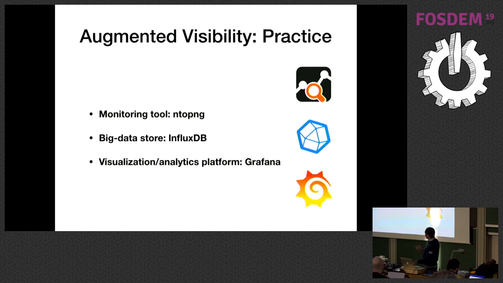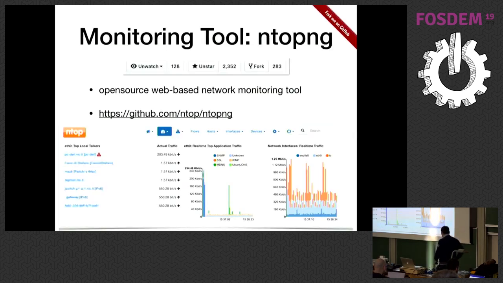NtopNG is open source. You can fork it on GitHub. You can download and try it. It's just open source software for the monitoring of your network. And we have 3,300 stars now on GitHub and counting, so feel free to download it and test it.